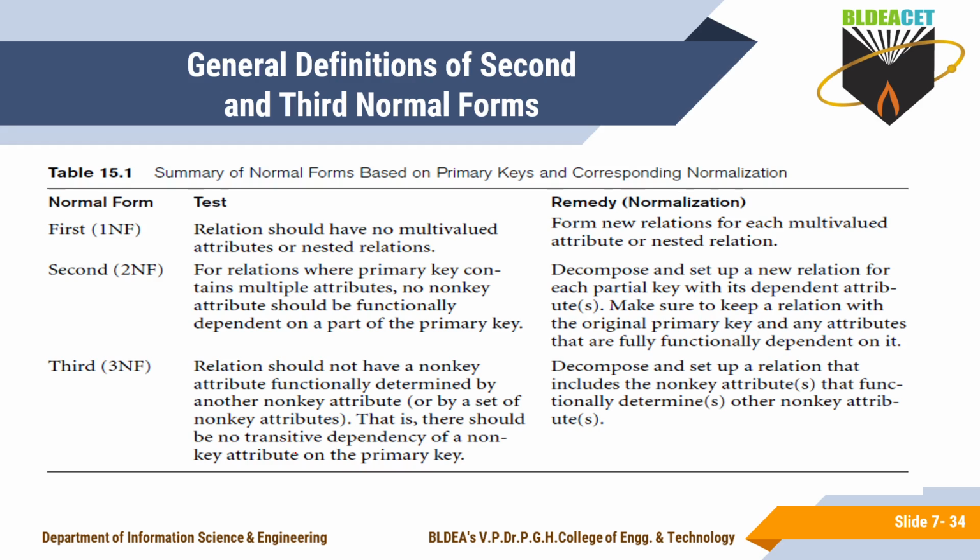With a transitive dependency you have to check that the attributes are prime attributes. If it is not a prime attribute, then you have to decompose and set up a new relation that supports the functional dependency, along with the key attributes. So this is the summary of the normal forms based on the primary keys, and these are the remedies if they are not fulfilled: you decompose into new relations.